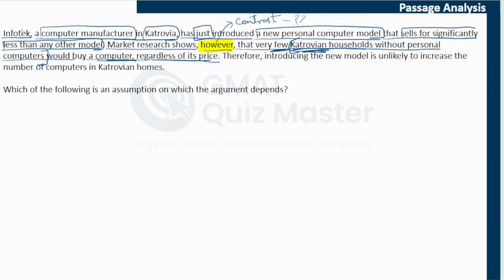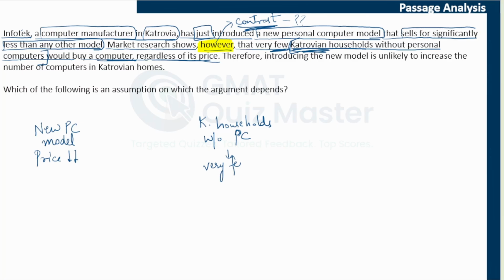But why has it been presented as a contrast? This is something that you need to think about. The first statement tells us that there is a new PC model and its price is significantly less compared to the other models. Then we get to know something about these Ketrovian households without a PC: very few of them would buy a PC irrespective of price. And this has been presented as a contrast.